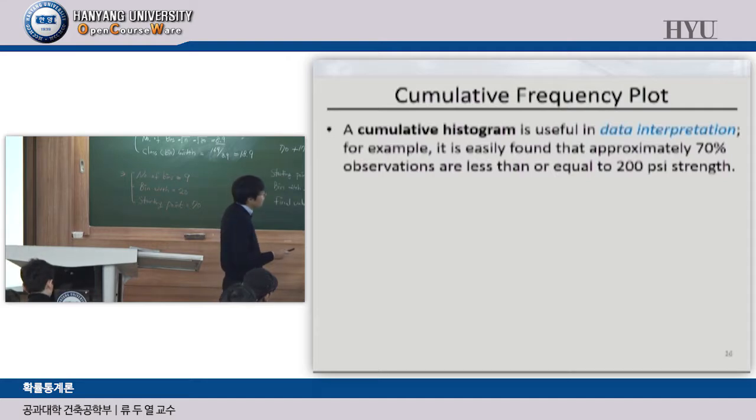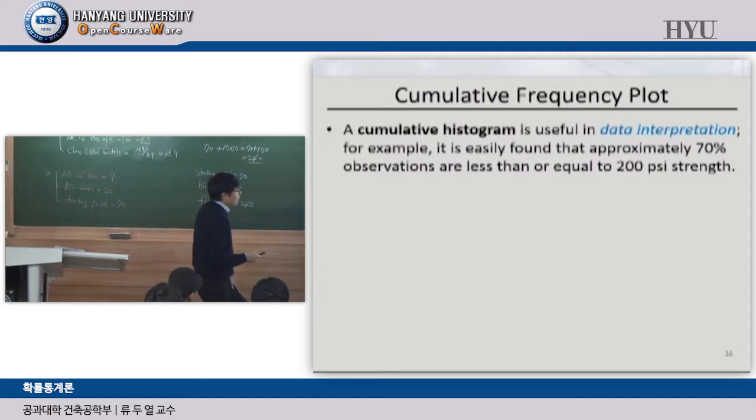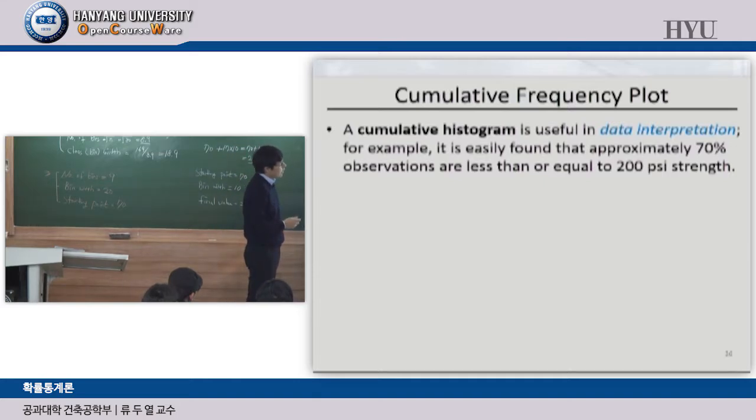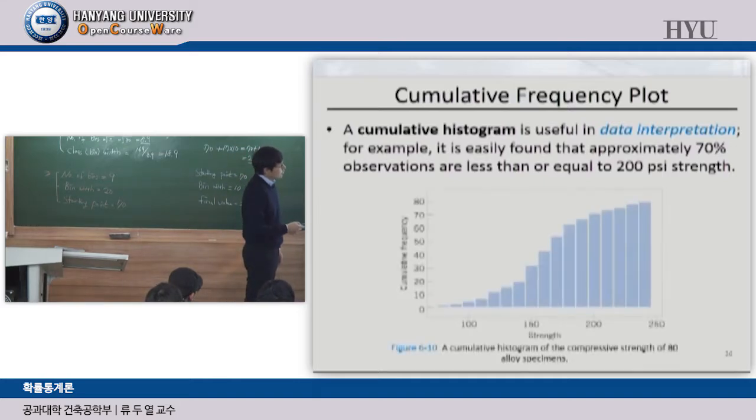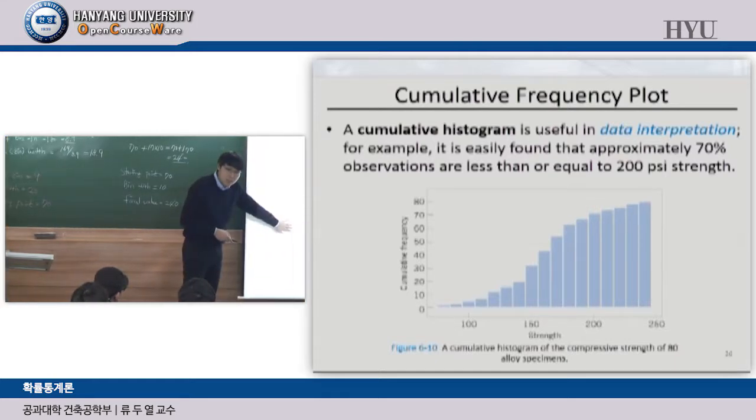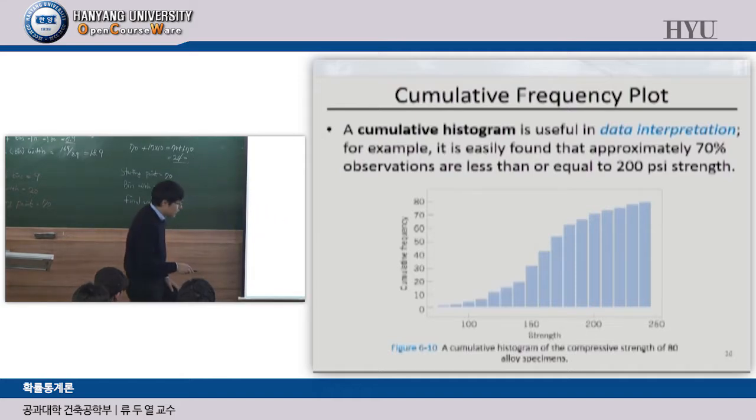For example, it is easily found that approximately 70% of observations are less than or equal to 200 pounds per square inch strength based on this cumulative histogram. The data points are identical, but this is the cumulative histogram.